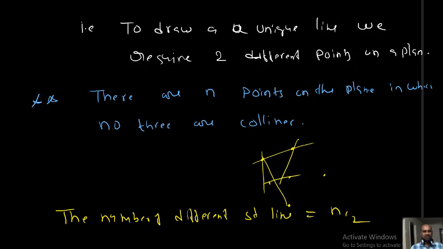Let me explain. 2 points are given, one straight line: 2C2 equals 1. 3 points are given, I want to select 2 from 3, 3C2, or 3C1, same, that is equal to 3 straight lines.